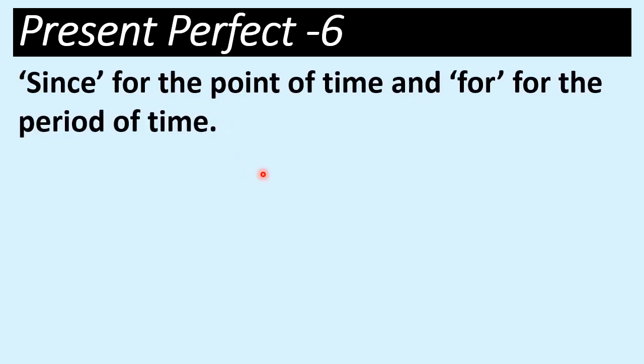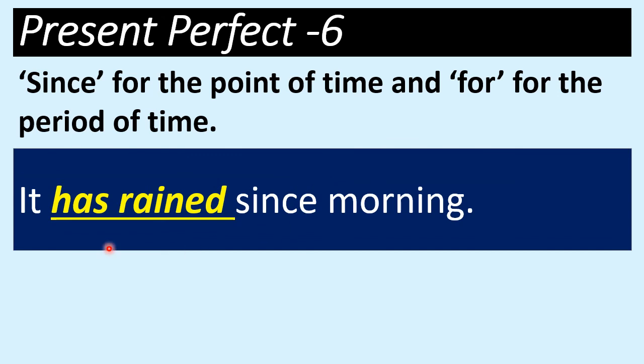We can use since and for in the present perfect tense. We use since for a point of time and for for a period of time. Look at the sentence. It has rained since morning. Suppose now it's noon, and when I say it has rained since morning, it means that from morning it's been raining.